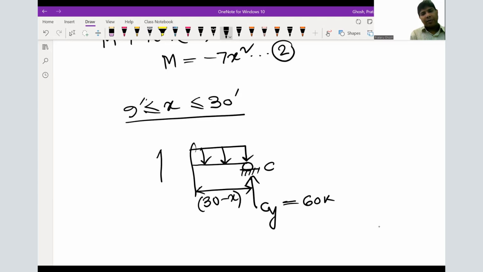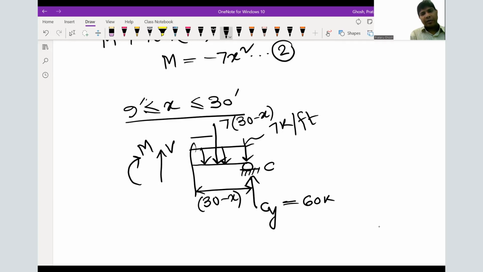So V will be up from this side. As we know the sign convention, M will be clockwise. And your height of the loading is still 7 kip per feet. Base is 30 minus x, so your equivalent concentrated load will be 7 times 30 minus x. What is this distance? 30 minus x over 2. So let's do that.